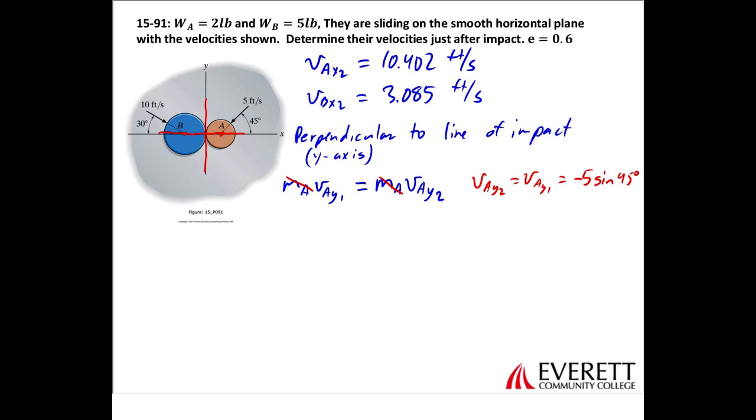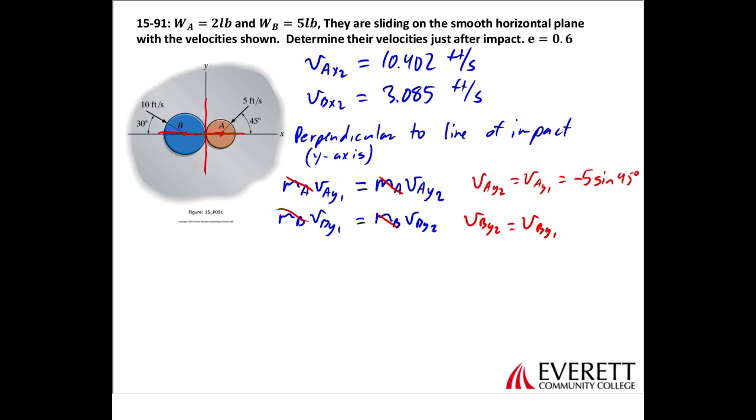Very similarly, the linear momentum of the disk B before the impact is going to be equal to the linear momentum of the disk B after the impact. So that means since the mass of B is not changing, those cancel out, and we get that the velocity of B in the y direction after the impact equals the velocity of B in the y direction before the impact.